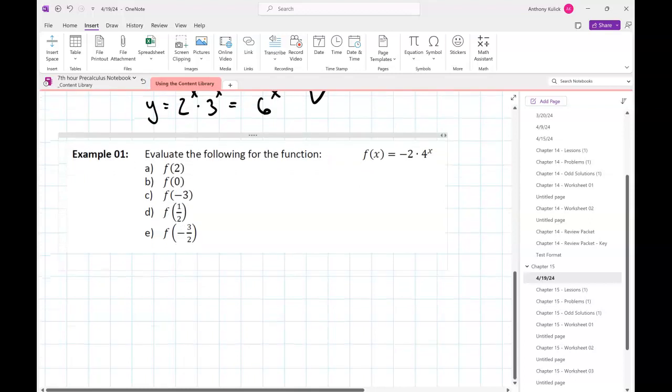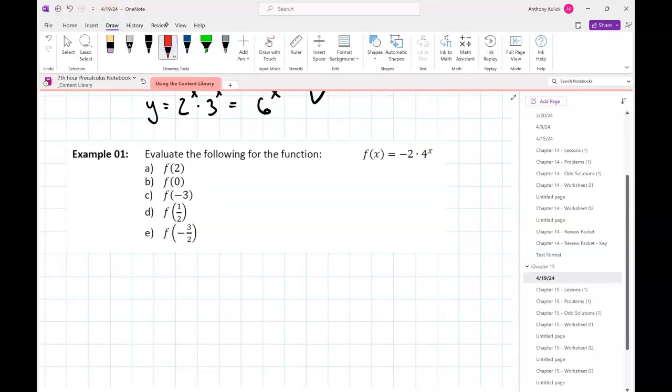So let's say we have the function f of x equals -2 times 4 to the x. If I do f of 2, what am I going to do? What does f of 2 mean? Yes.